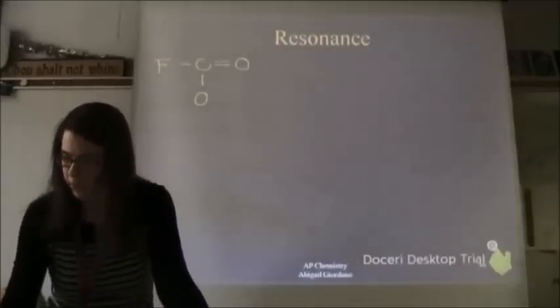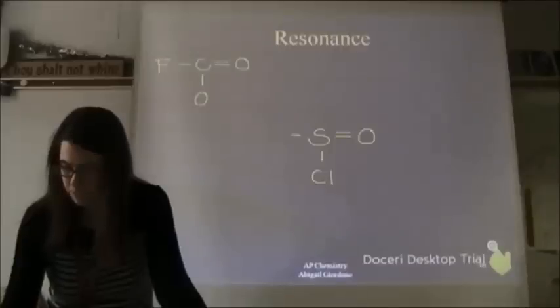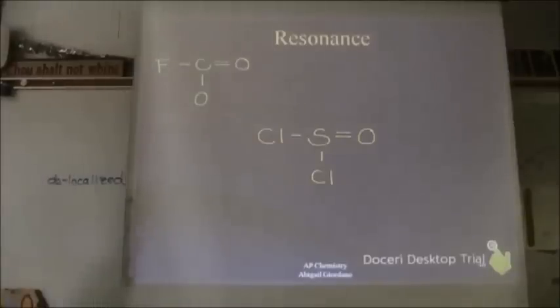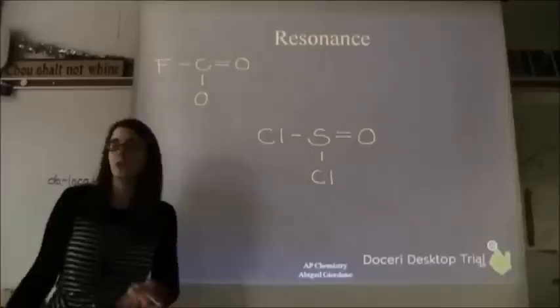Let me give you one more. How about that? Does that have resonance? No, it doesn't. Okay. So not everything with a double or triple bond has resonance, but some things do and some don't.